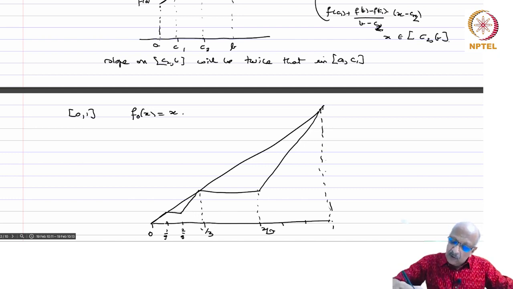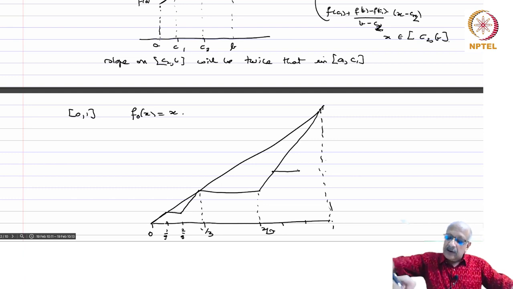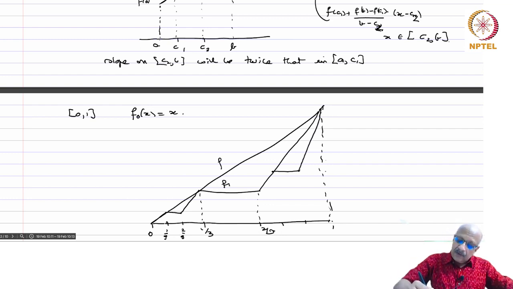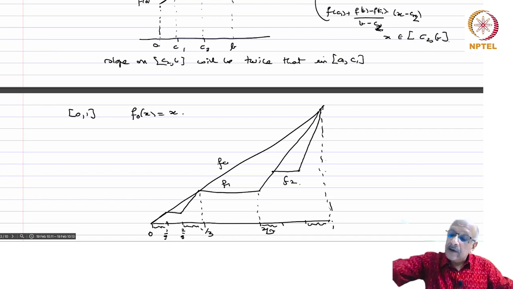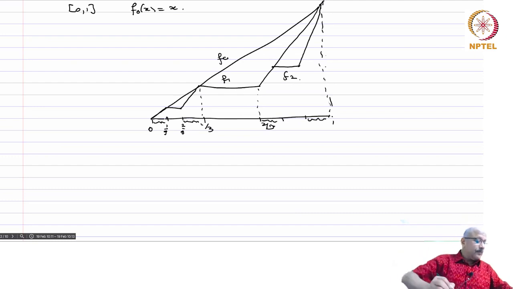Similarly here we will go along this function up to the 1/3 point, then go horizontally, and then you construct. So this is f1, this is f0, and this is f2. Once it's a constant, it's always constant. So now f3: you will have to divide these intervals into 3 equal parts, follow the function on the first part, go horizontally in the second part, and climb up to the third part. This is the construction which we are going to repeatedly do at different scales.